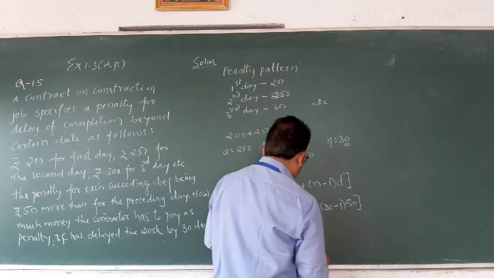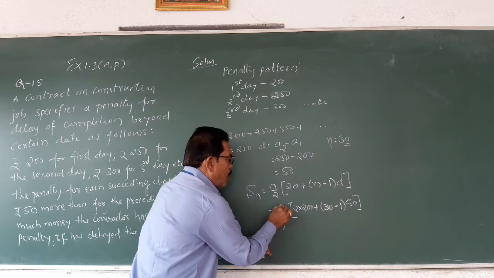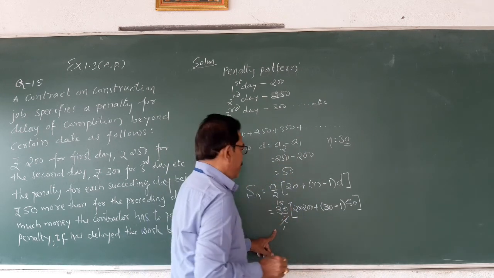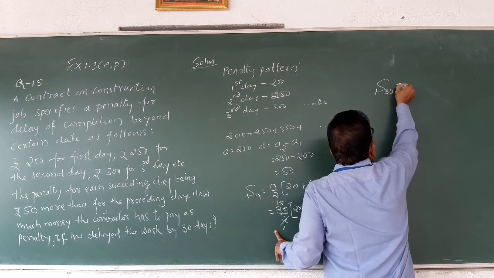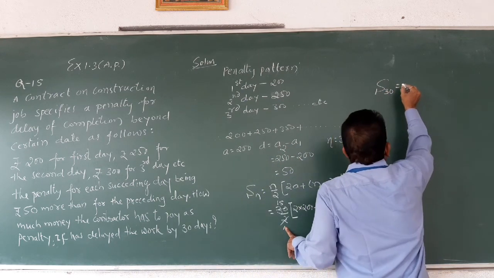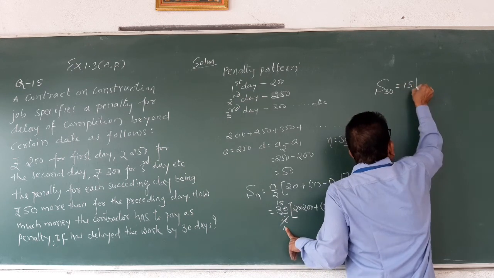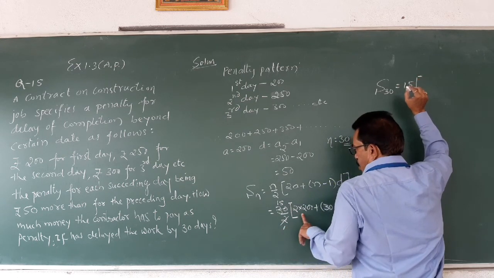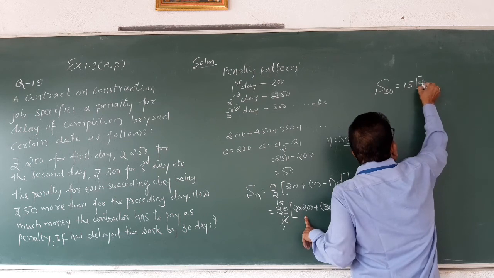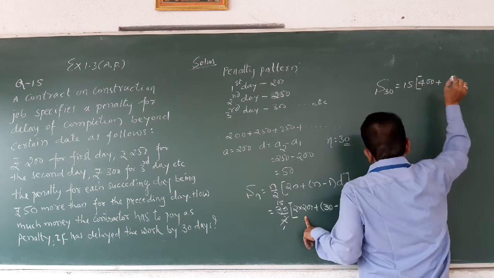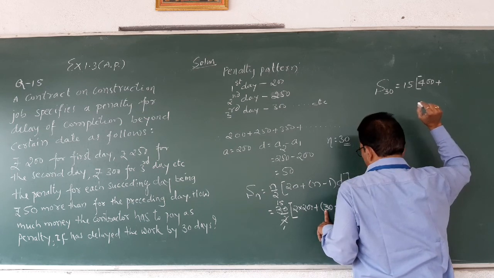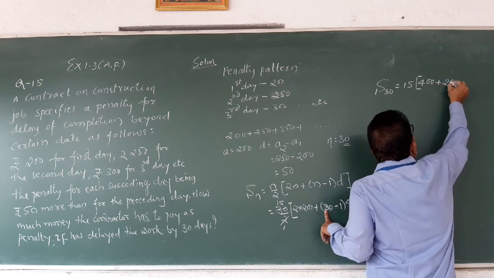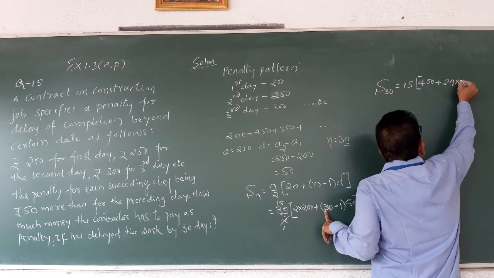Okay, next, 2 ones are 2, 15s are. So S30 equals 15 in the big bracket, 200 into 2, 400, plus 30 minus 1, that is 29, into 50.